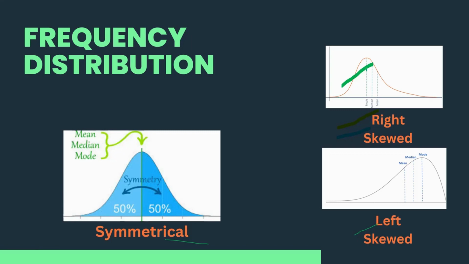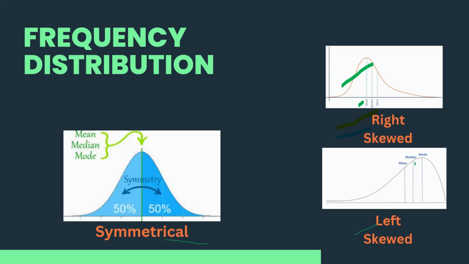Here the mode is the highest frequency, and the mean is greater than the median, and also greater than the mode. This type of distribution is a right skewed distribution.